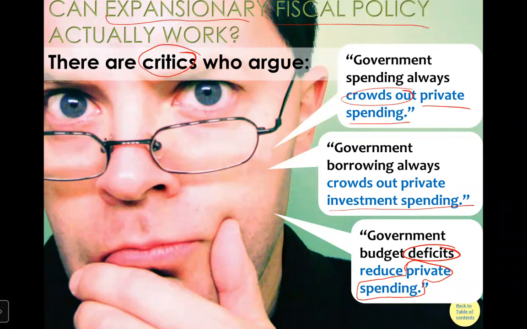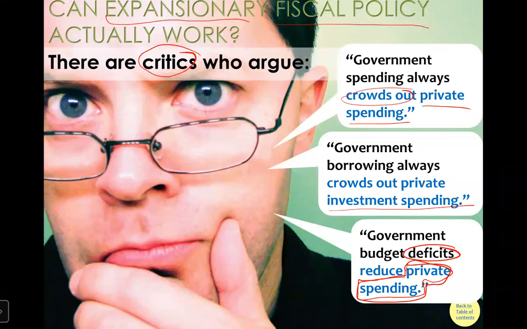Eventually you have to pay. So essentially you just borrow from your future self, plus interest. So this critic says the government budget deficit is going to reduce individuals' future purchasing power.